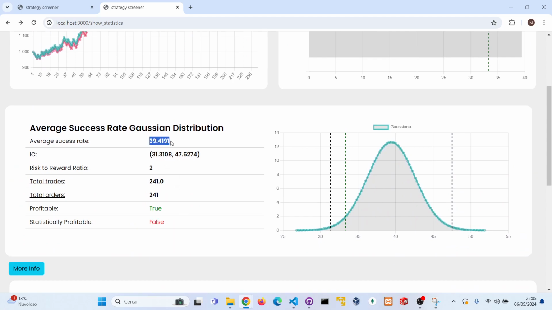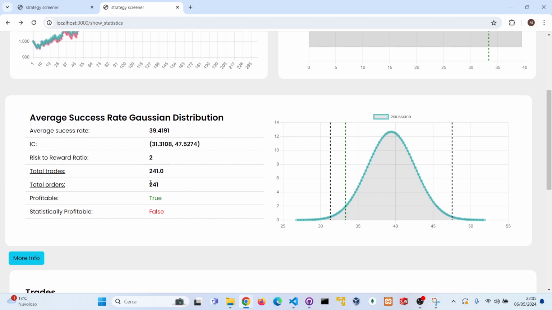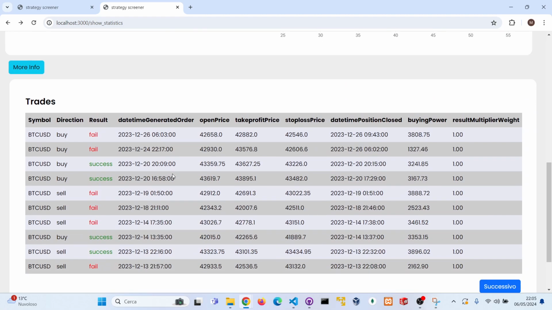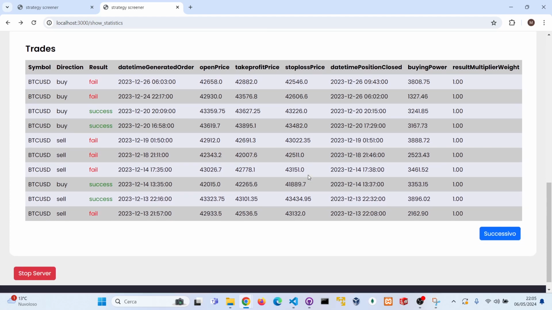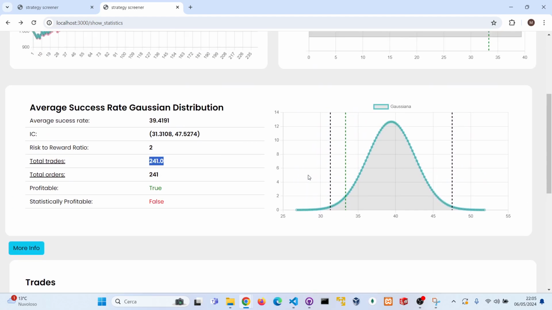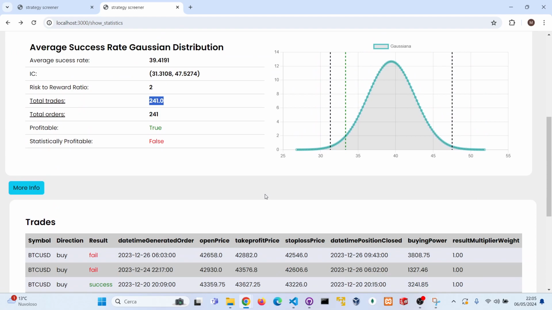We have an average success rate of 39, but the lower bound of our confidence interval at 99% doesn't go past the average success rate to break even. That is here. And as you can see, the number of trades is very, very low. So pay attention, the data are from March 2023. And yeah, these are the results.